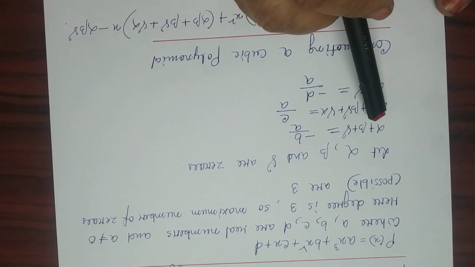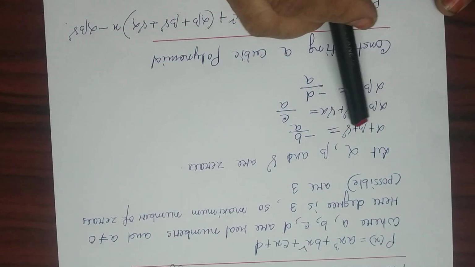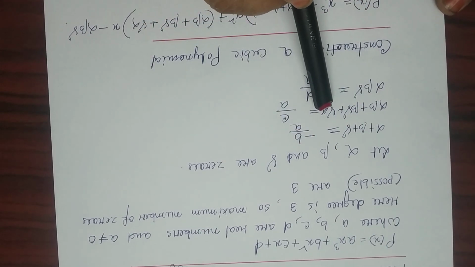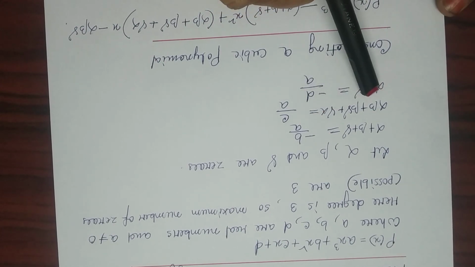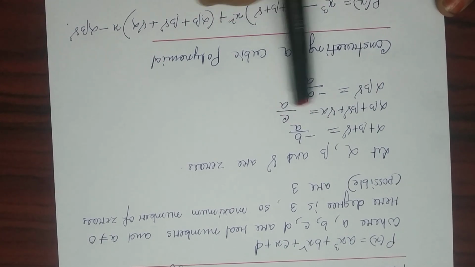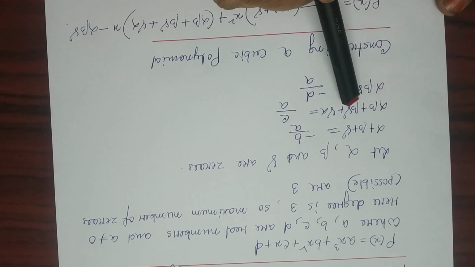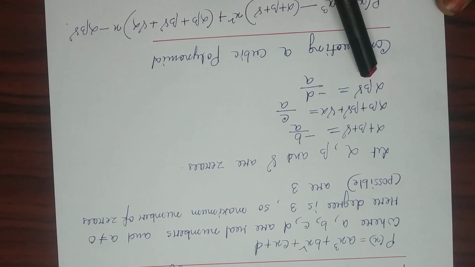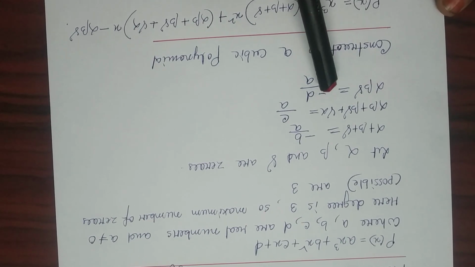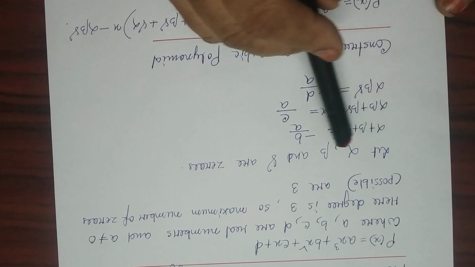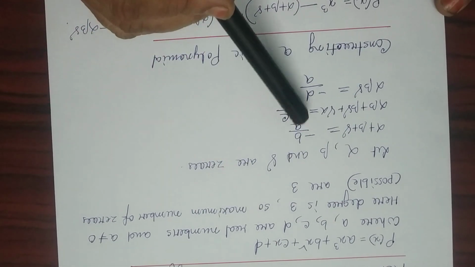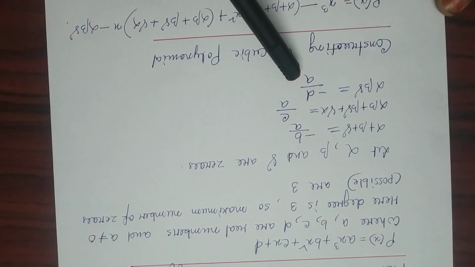And then alpha plus beta plus gamma, that means sum of zeros, is equal to minus b by a, and the sum of products of zeros taken two at a time, alpha into beta plus beta into gamma plus gamma into alpha, is equal to c by a, and product of zeros, alpha into beta into gamma, is equal to minus d by a. This is the relation between the zeros and the coefficients of the polynomial.